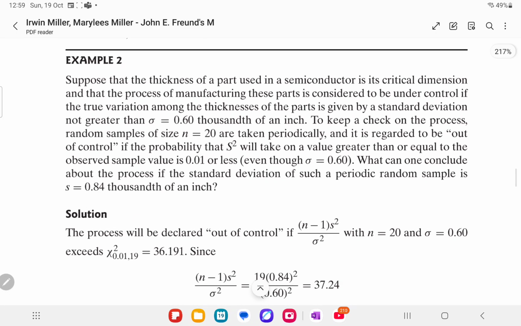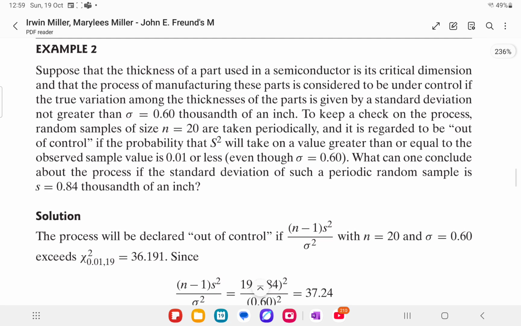Suppose that the thickness of a part used in the semiconductor, its critical dimension, okay, thickness, and that the process of manufacturing these parts is considered to be under control.